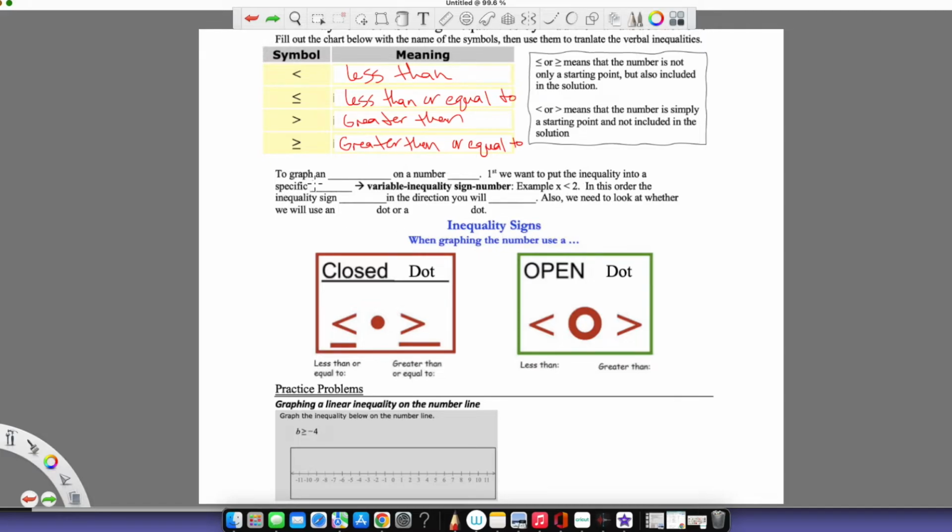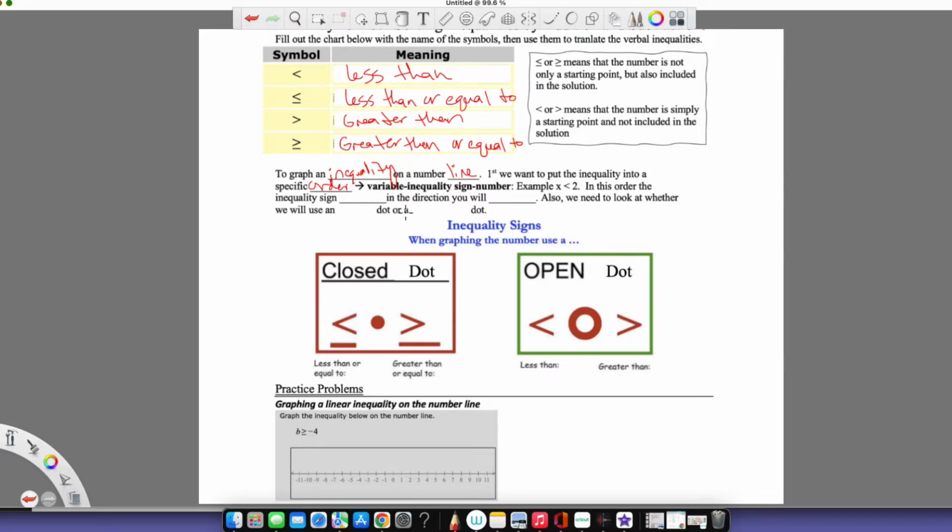So for this one, to graph an inequality, and oops, what was I spelling there? Inequality. Sorry, that's really bad. Better spelling right there. Inequality on a number line. First, we want to put the inequality into a specific order.